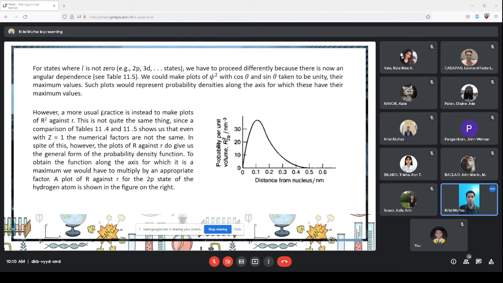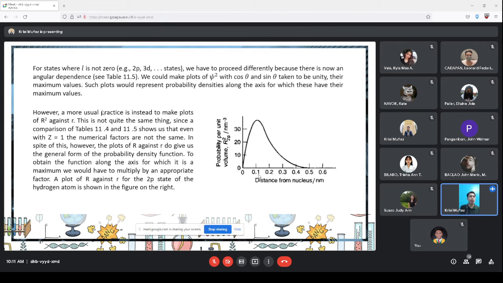So, yeah, but still, meron pa rin siyang significance in a sense, no. But then again, class, since may angular dependence siya, yung itsura niya in 3D space would not give you a spherical kind of shape. They would be oriented different ways.